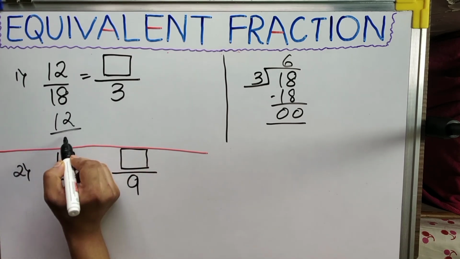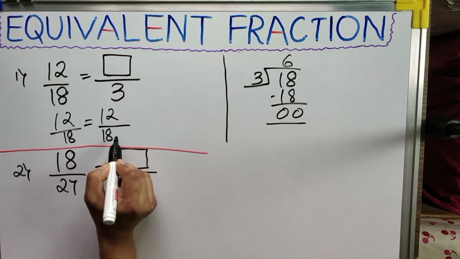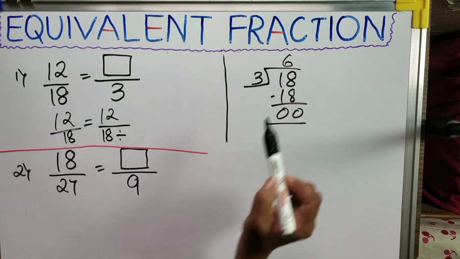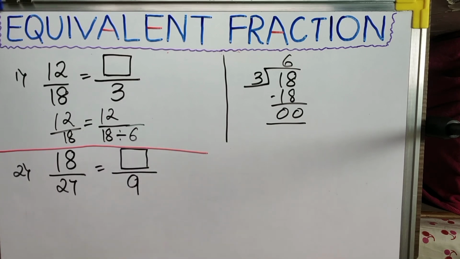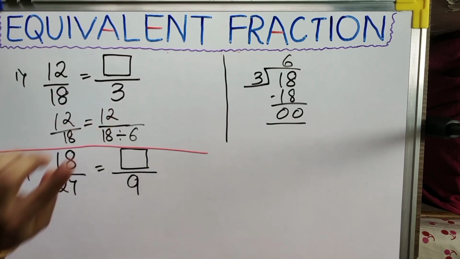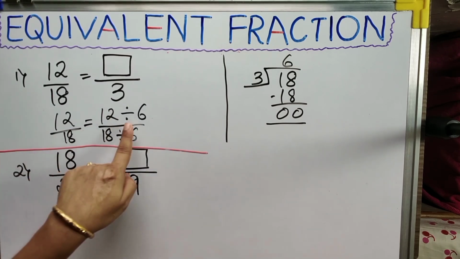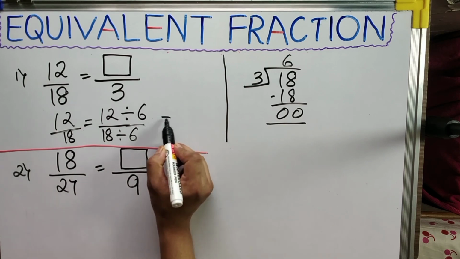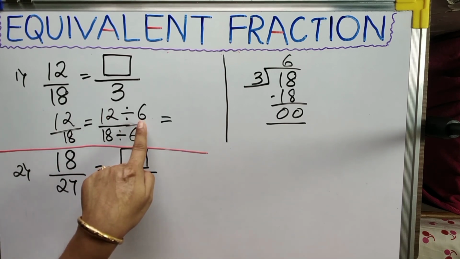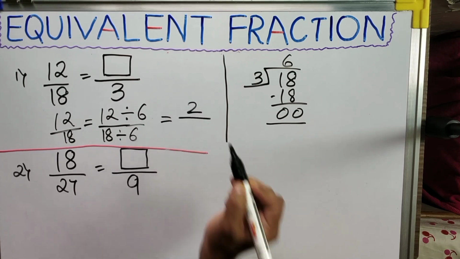So 12 upon 18 is equal to 12 upon 18 divided by 6. And whatever we do in the denominator, we need to do the same in the numerator as well. So we will divide the numerator also by 6. When we divide 12 by 6, the answer is 2, since 6 2s are 12.